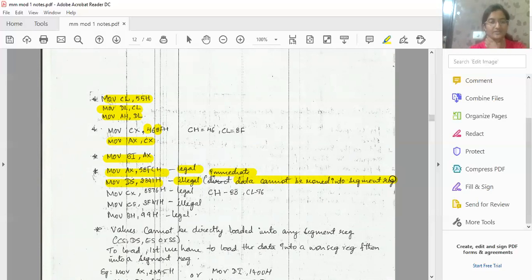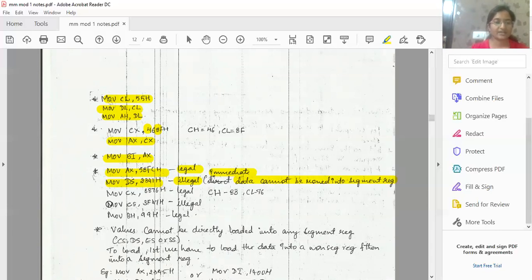The data segment register holds the starting address of the data segment. Now, what is the condition here? We cannot move immediate data into any of the segment registers. But yes, we can load the data segment with an address by some other mode. How is that? We will slowly come to know.